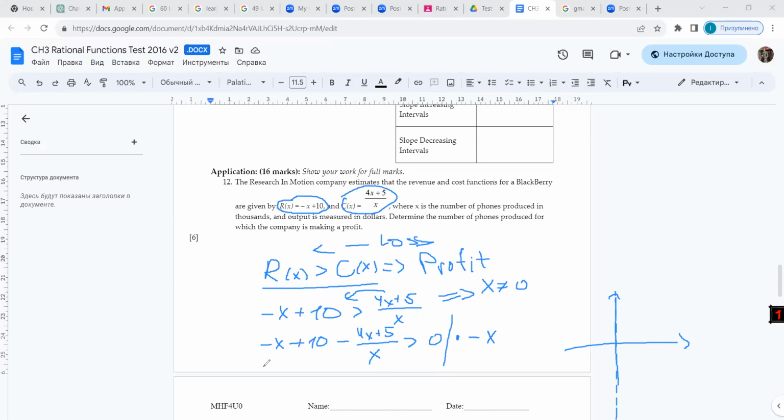So what I'm going to have is x squared plus, minus, because I multiply by negative x, minus 10x. Now this plus, this minus turns into plus, but, so I'm going to have plus x times 4x plus 5 before opening the brackets.